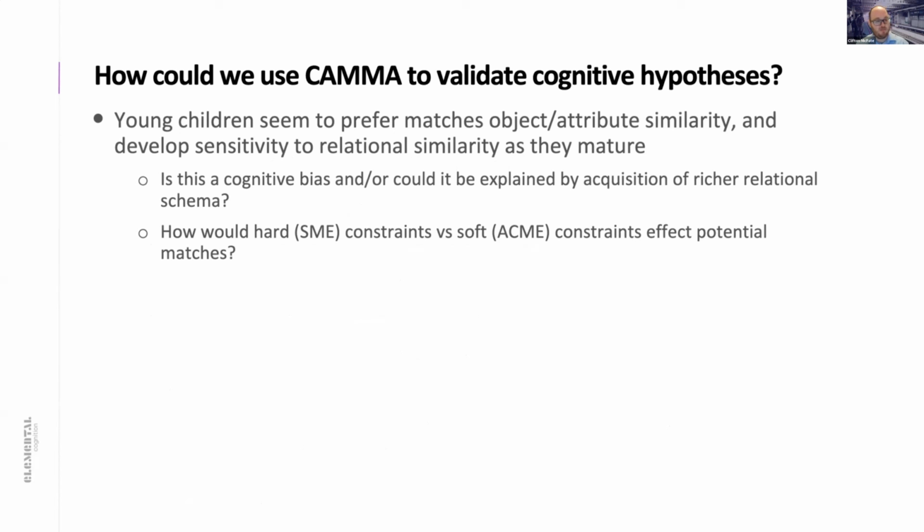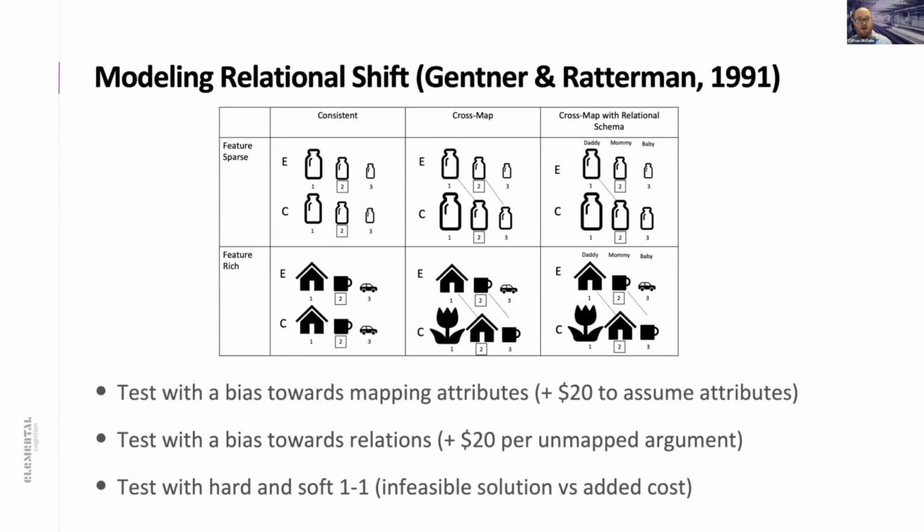There's more detail in the paper, of course. There's an interesting cognitive phenomenon that young children seem to prefer matches of object and attribute similarity over matches of relational similarity. There are competing theories around why this might be true. One is that there might be a cognitive bias towards object and attribute similarity. Another is that richer relational schema might play a role. With COMMA, we can actually model this.